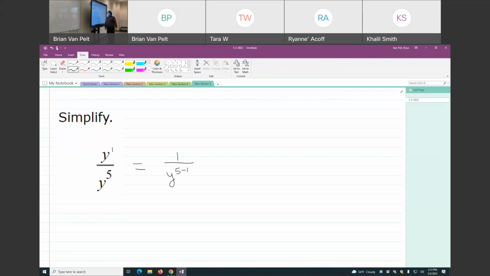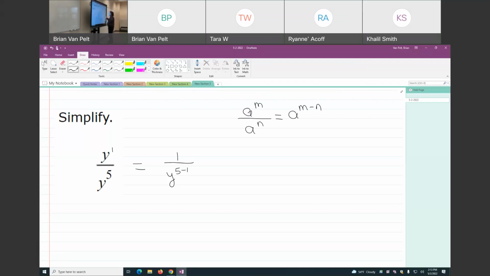You remember? If I had the same base like this, the rule says that I have a to the m minus n.